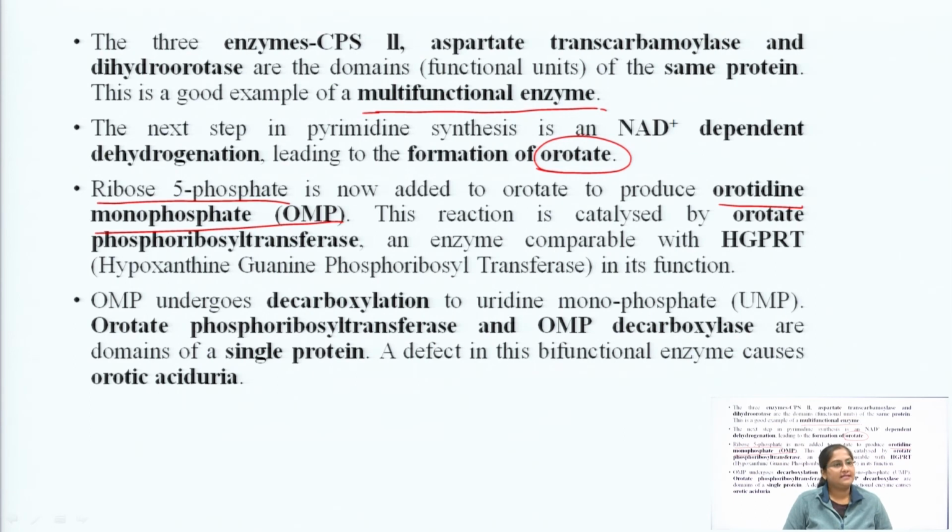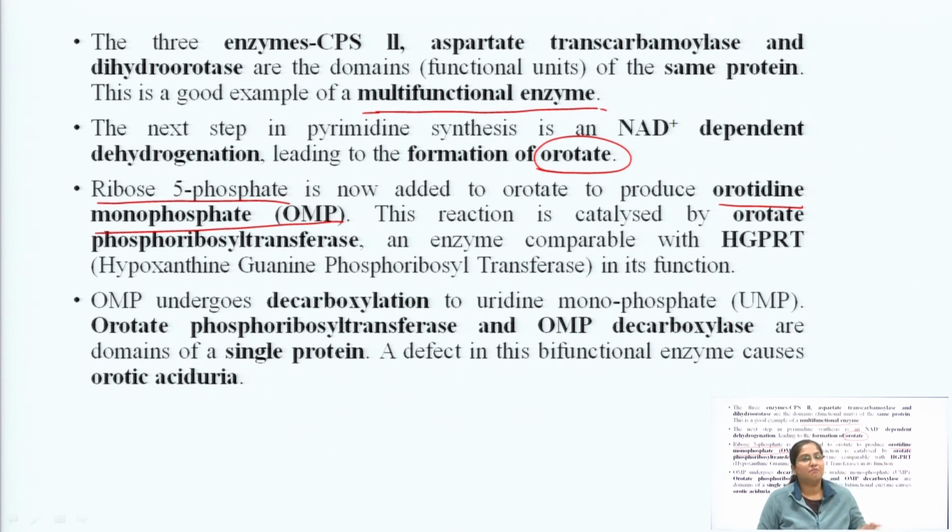Now, in the next step, OMP will undergo decarboxylation and form uridine monophosphate, that is UMP. Orotate phosphoribosyl transferase and OMP decarboxylase are domains of a single protein. A defect in this bifunctional enzyme causes orotic aciduria. This I was talking about.